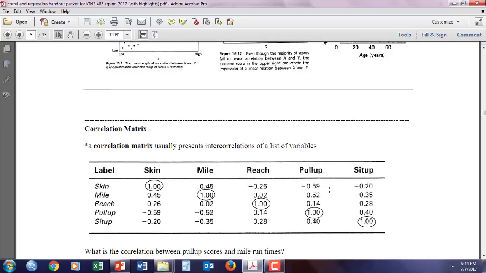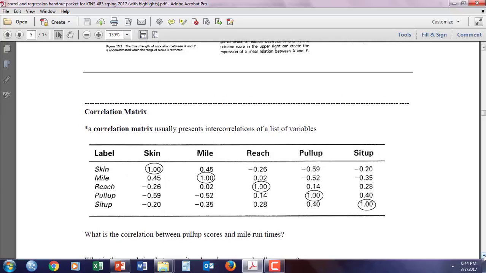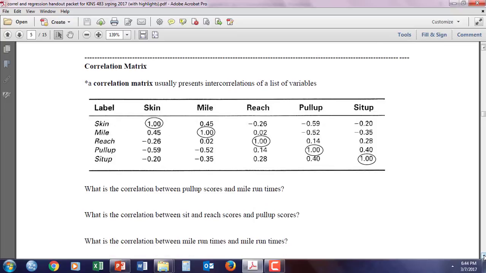Lastly, we see a little bit different picture of a correlation matrix. I'm on the bottom of page 5 here, and I'm going to ask you a couple of questions that are like your homework assignment now. So if you'll look at that correlation matrix that's in front of us in our handout packet, what's the correlation between pull-up scores and mile run time? So here I could come across pull-up, and I could come over here and I'd see the correlation between pull-ups and mile run time is negative 0.52.